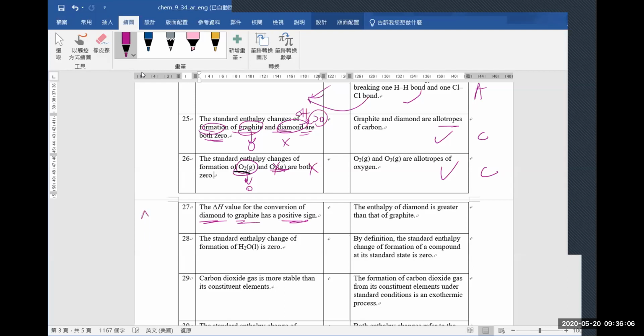So we relate that enthalpy level diagram again. The second statement is correct. Graphite is here, diamond is here. The conversion of diamond to graphite, the delta here, is it greater than 0 or smaller than 0?